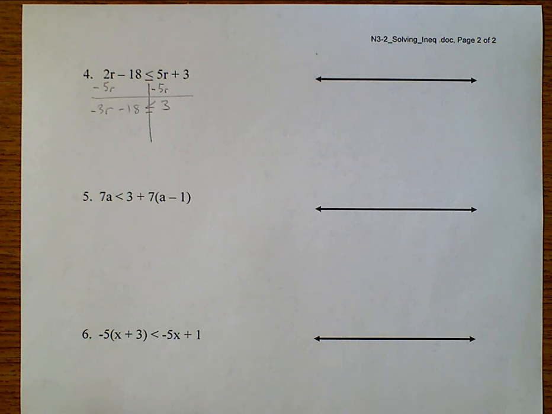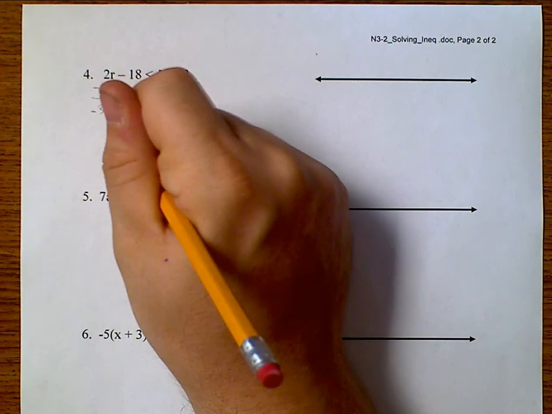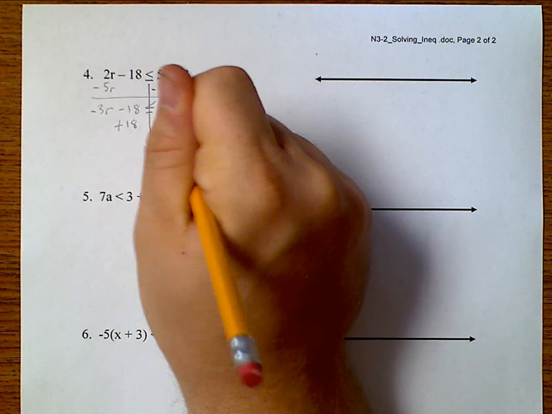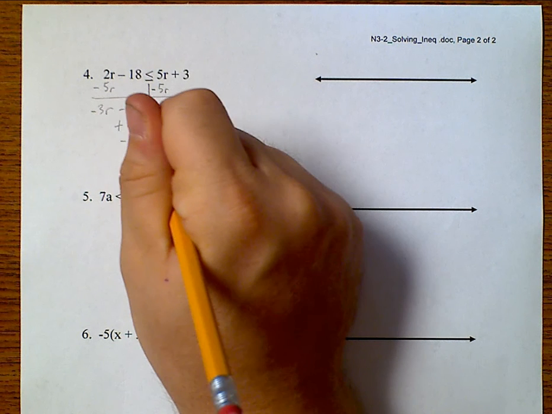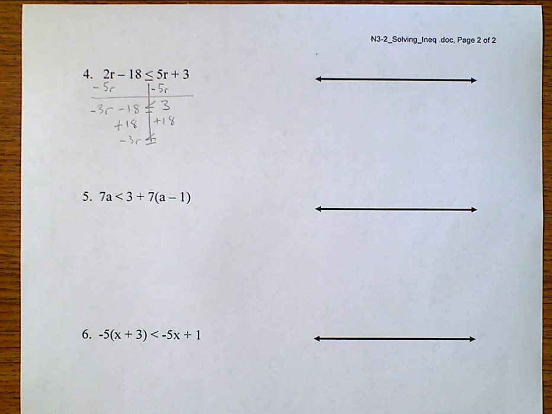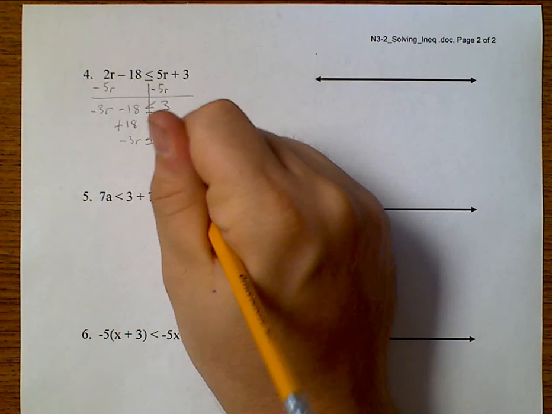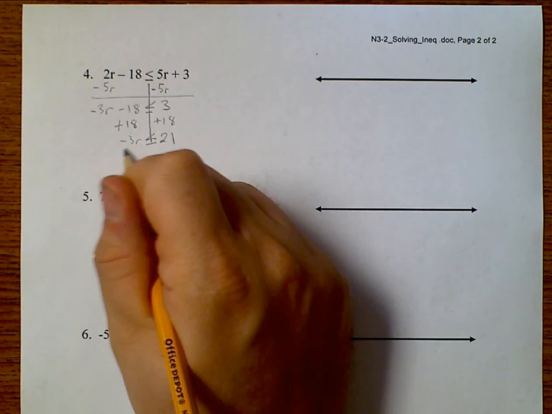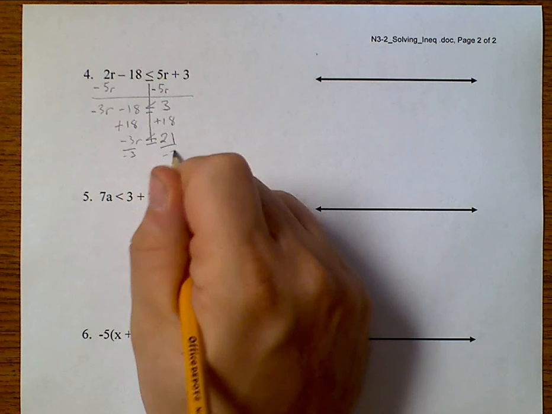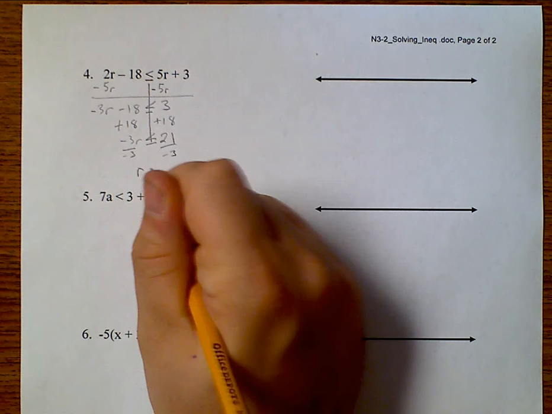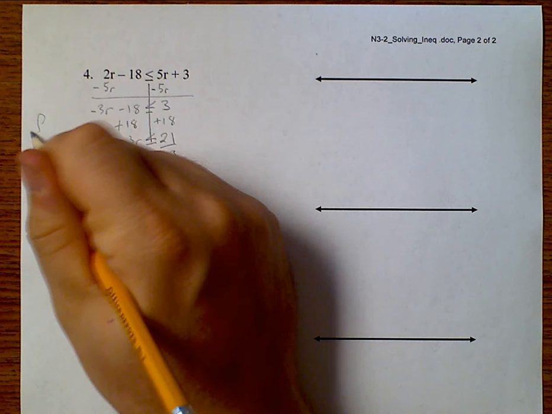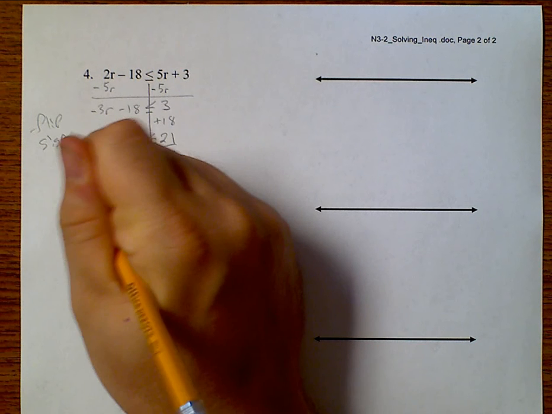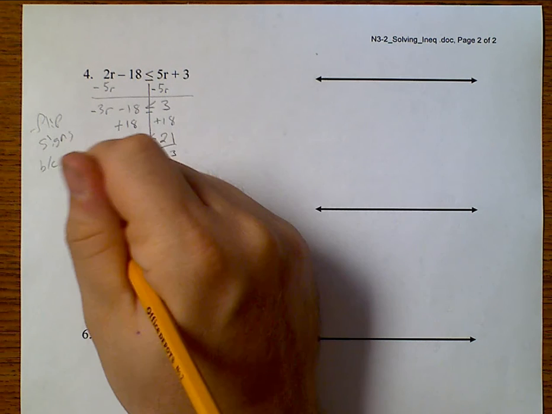Well, get my regular numbers to the other side. Go ahead and add 18. Negative 3r less than or equal to 21. And now I divide both sides by negative 3. Okay, I need to flip the sign because of the negative 3.